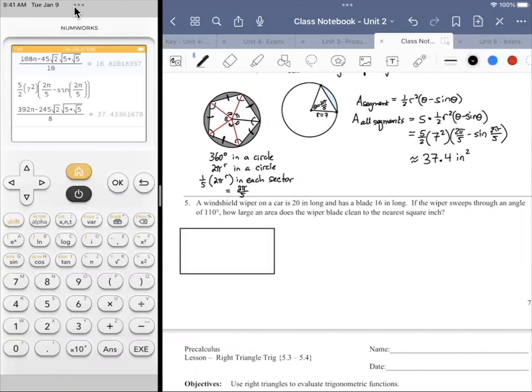We're looking at something like this. It's got a fixed pivot point. This would be your windshield wiper. Oh, I did it the wrong way. This would be your windshield wiper. It sweeps through back and forth, back and forth.